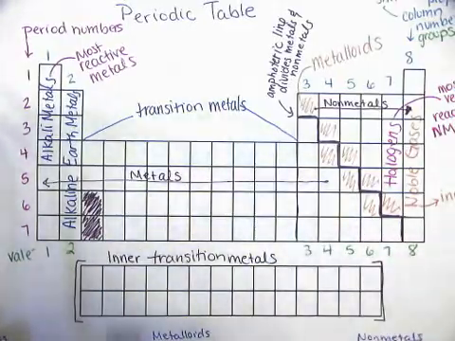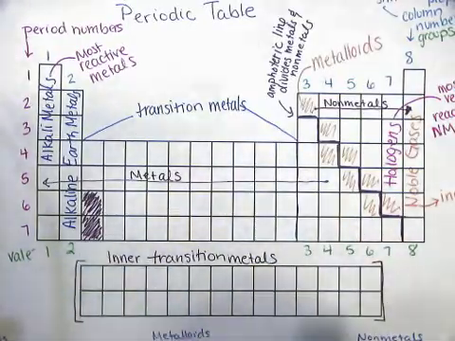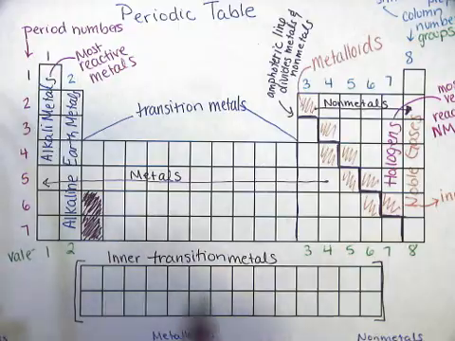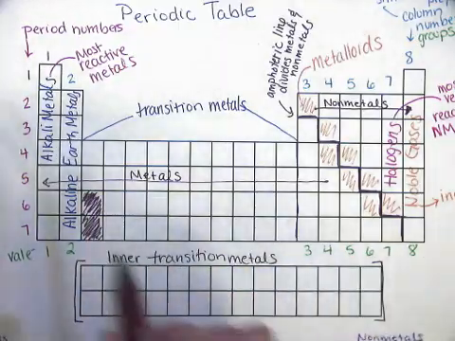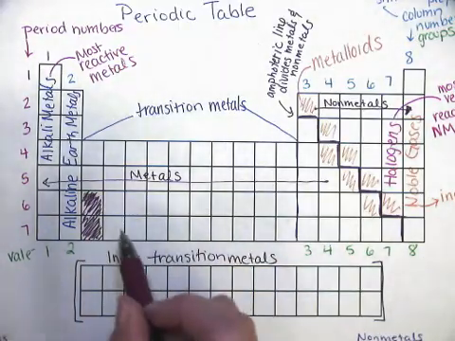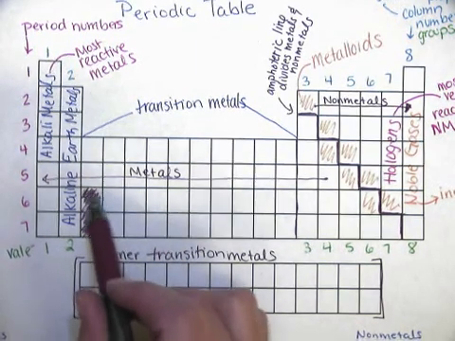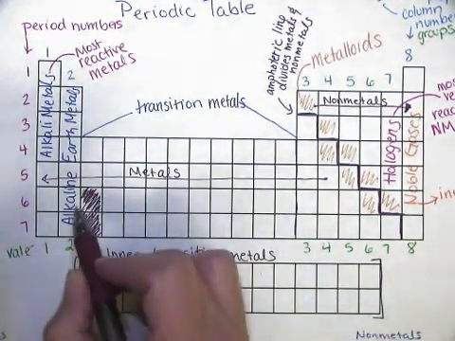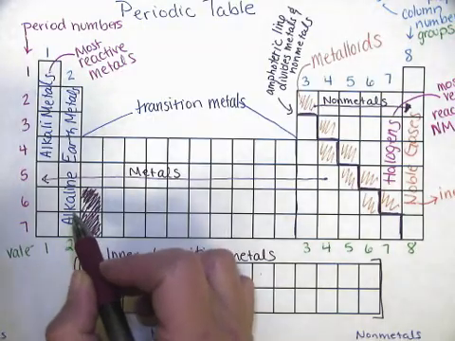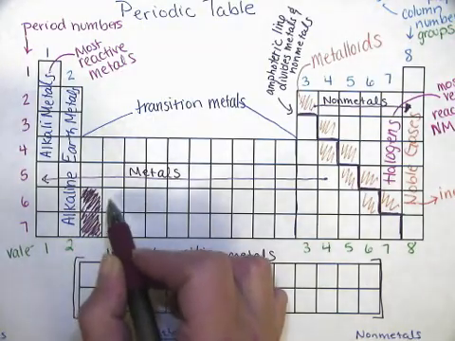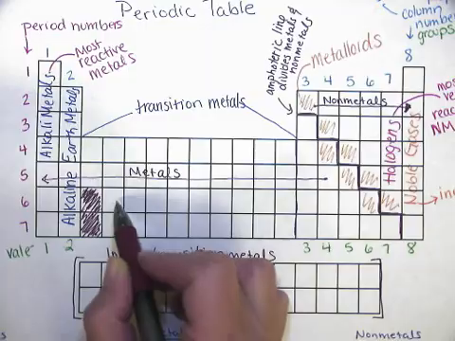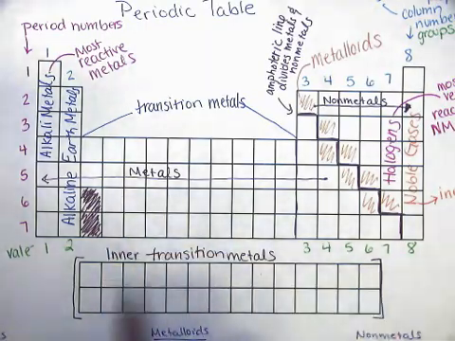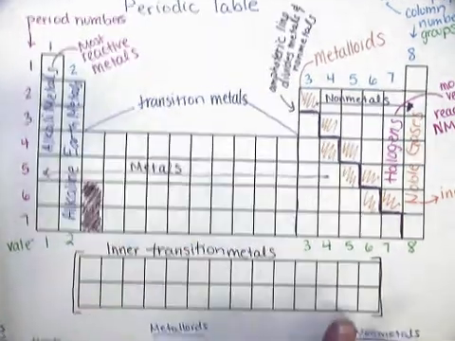The reason that we take this chunk, these inner transition metals, and write them down at the bottom is because if we were to put these here, the table wouldn't fit real well on a sheet of paper. So because of that, they've gone ahead and said, okay, I know these are here, but we're going to pop them down. You notice that our numbers jump from 56 here to 72 here, and that's because this whole line should really go here.